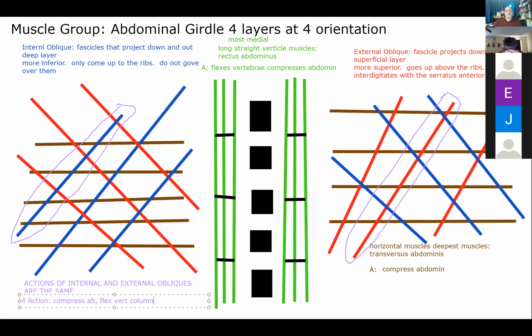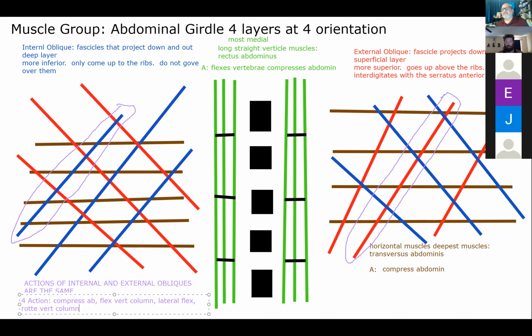What else? Lateral flex, bending to the side. And what's the last one? Rotate. And those actions are the same for both the external and the internal obliques, because when you do something like twisting to the side, you are pulling with the internal on one side and the external on the other.